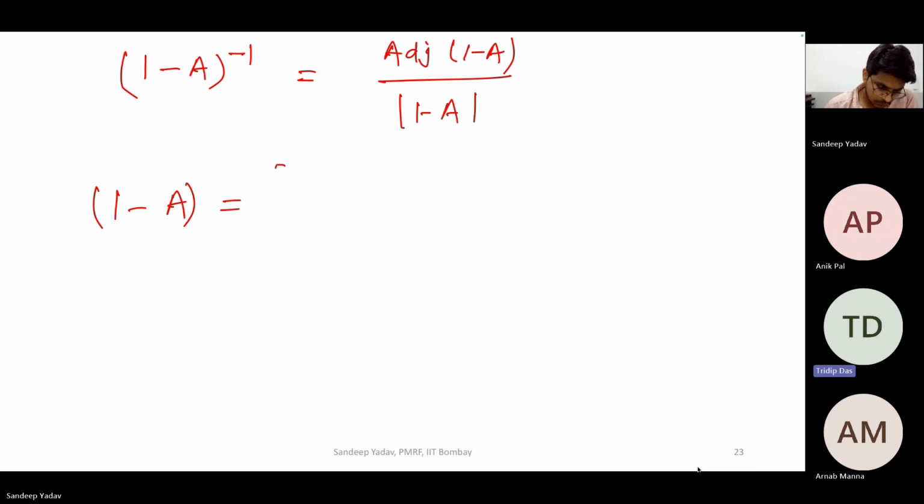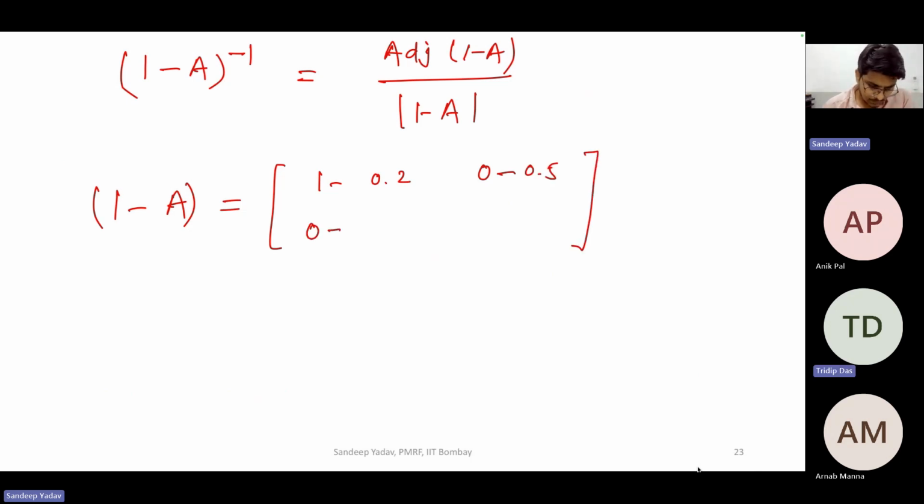equals 1 minus 0.2. I'm solving this in detail because I have not solved it yet. If you have any doubt, you can take this as a reference and solve the previous problems also. It comes out to be 0.8, minus 0.5, minus 0.7.